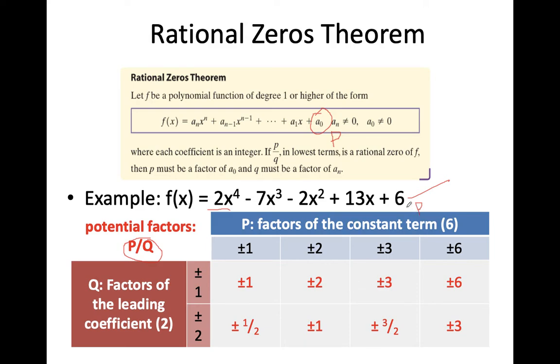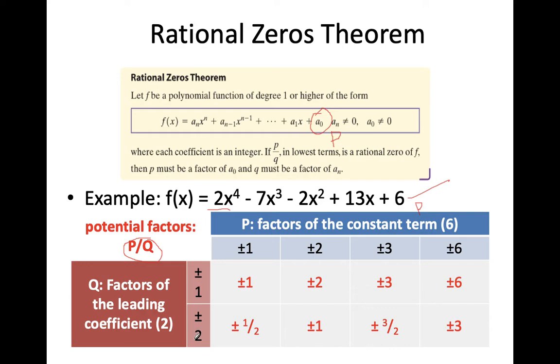First of all, what are the factors of 6? Factors of 6 are plus and minus 1, plus and minus 2, plus and minus 3, and plus and minus 6. Then we have the factors of 2, and there are only plus and minus 1 and plus and minus 2.